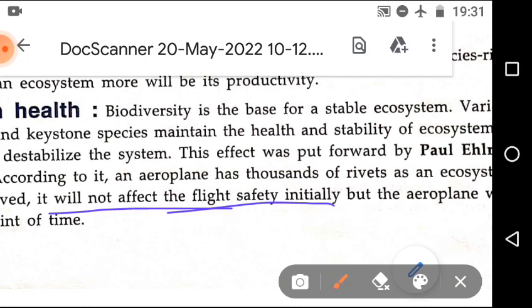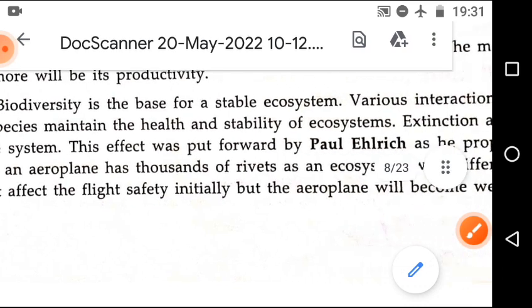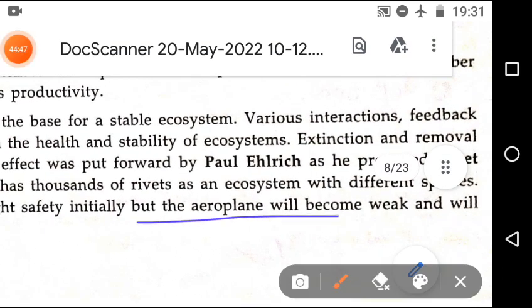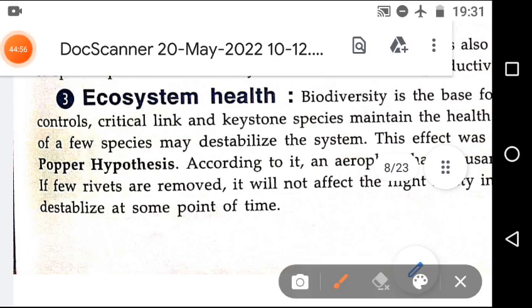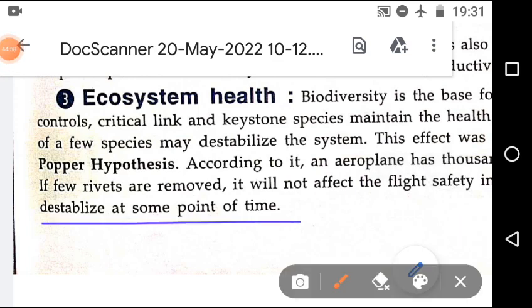Initially it will not affect, but in course of time the aeroplane will become weak. After a period of time, the aeroplane will become weak and will destabilize at some point. Same with the ecosystem. Now suppose in an ecosystem we remove some of the species, or some of the species get extinct.